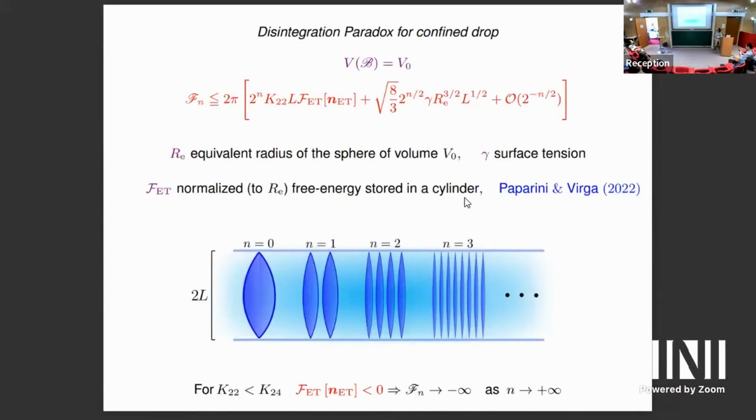To be more precise, in this problem our droplet can adjust its shape to the surrounding, and the shape of the droplet becomes an unknown of the problem, besides the director field within it.